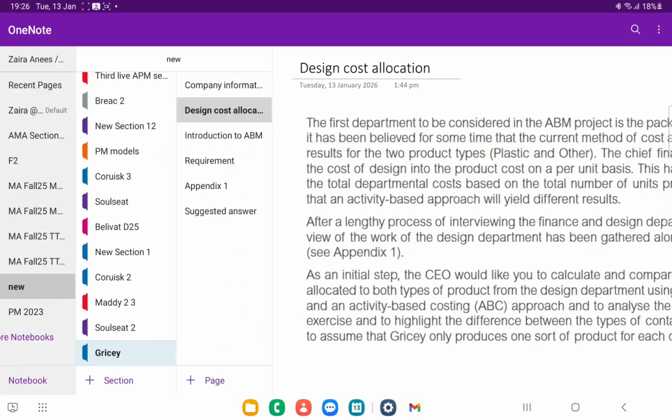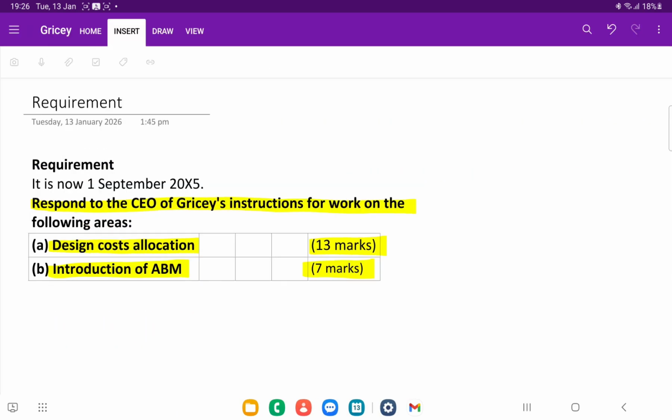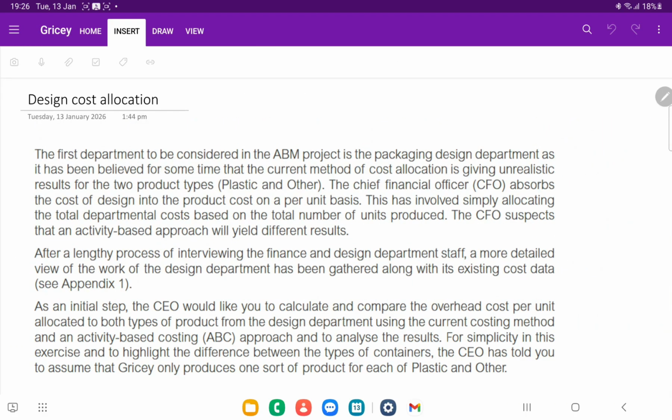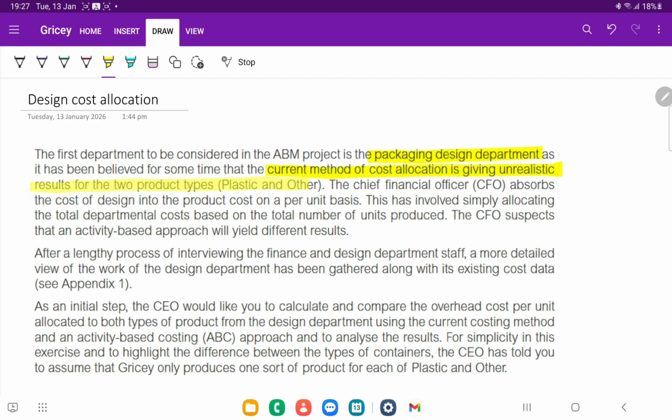Now, probably the requirements are the same. You are supposed to focus on design cost allocation and introduction of ABM, right? Now, design cost allocation. The first department to be considered in the ABM project is the packaging design department, as it has been believed for some time that the current method of cost allocation is giving unrealistic results for the two product types, which are plastic and the other.